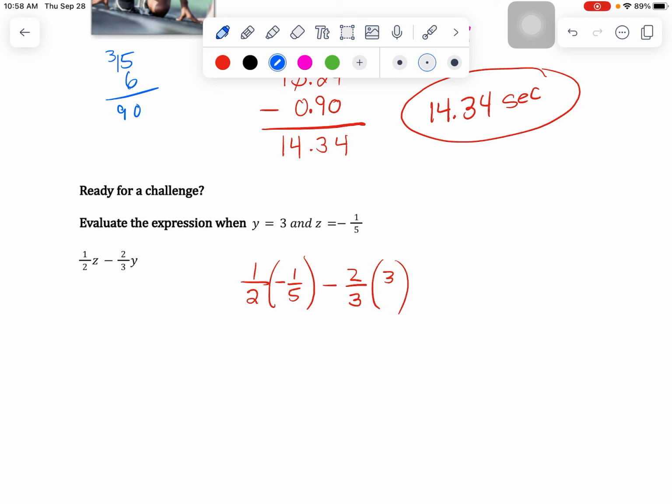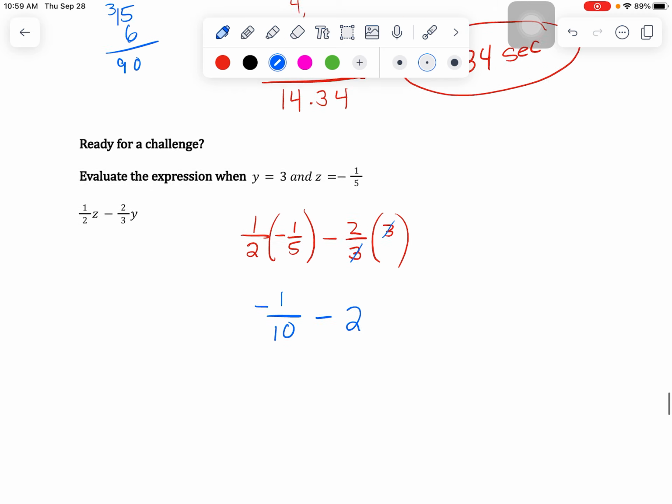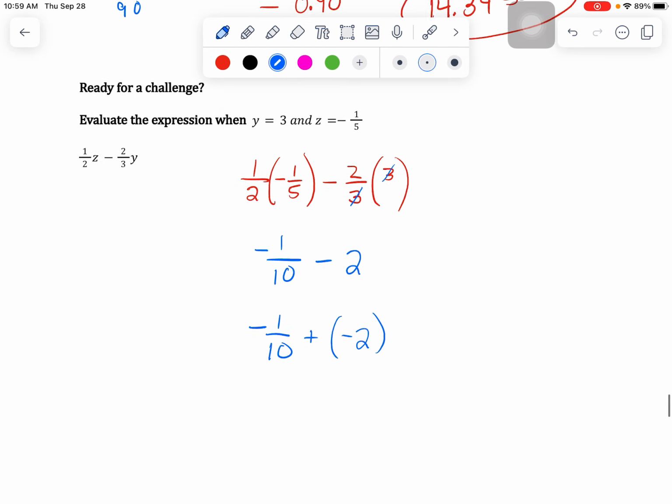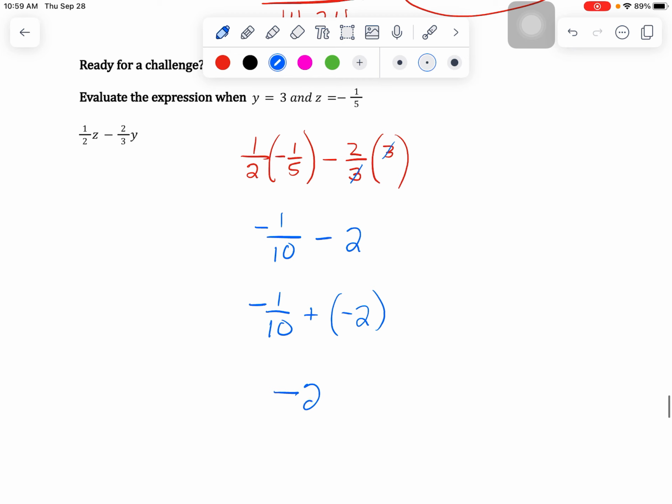So here I get a negative 1/10. In this one, those 3's are going to cancel, so I get a negative 2. I'm going to rewrite this subtraction problem as negative 1/10 plus a negative 2. So now I can see that these have the same signs, so my final answer is negative 2 and 1/10.